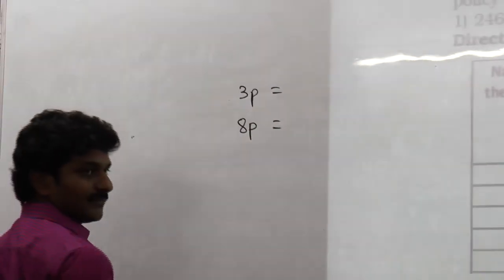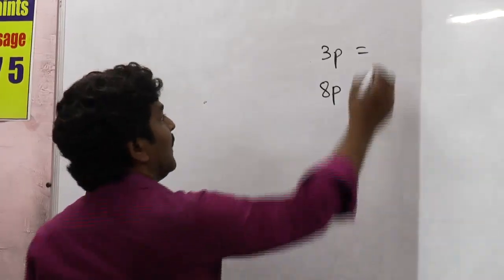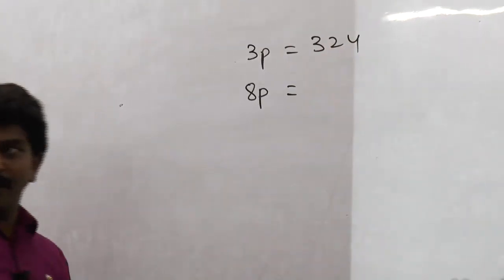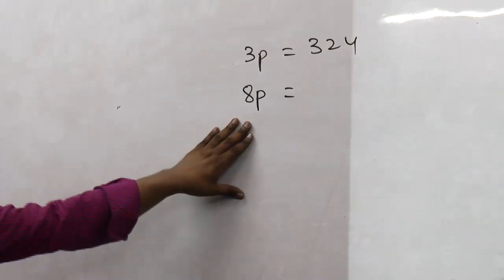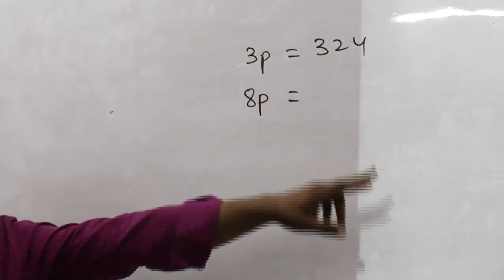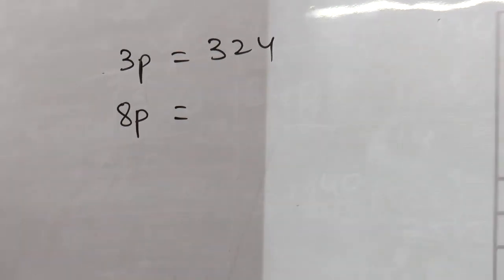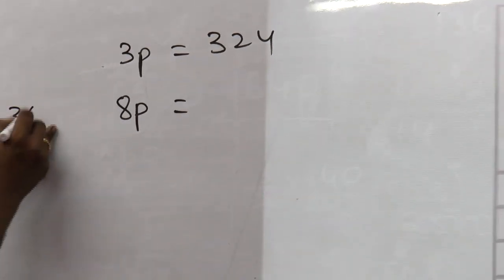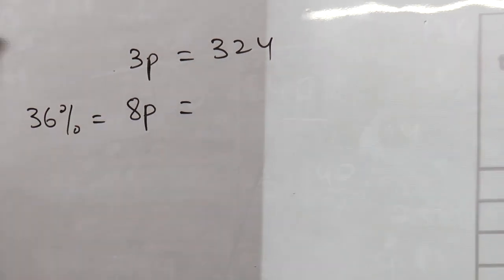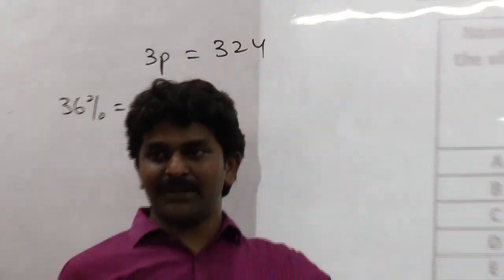Right? 3 parts is given as 324. From this you can calculate 8 parts, which is candidates who have not casted their vote. And in terms of percentage, that is equal to 36%, right? Because 64% have participated in election.